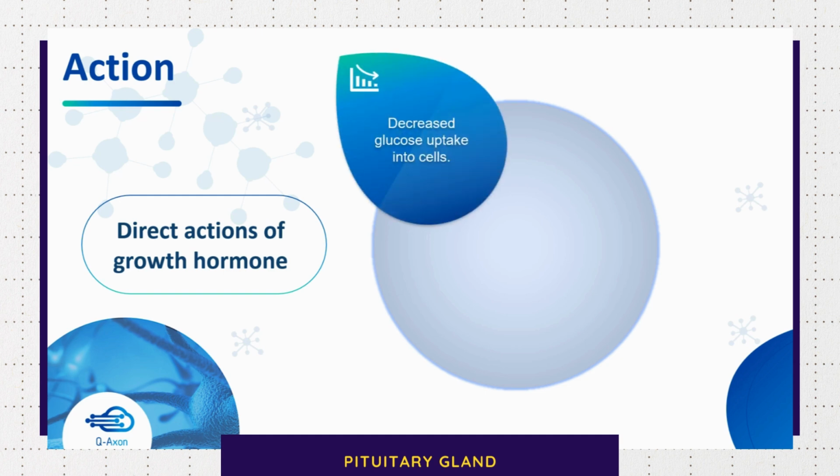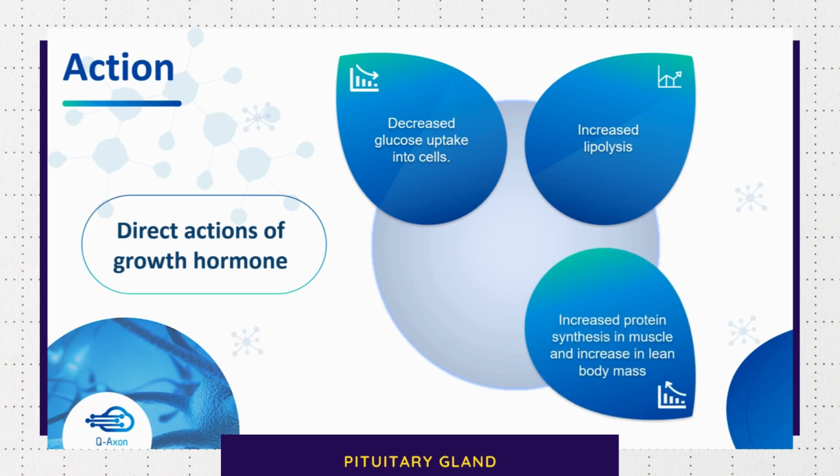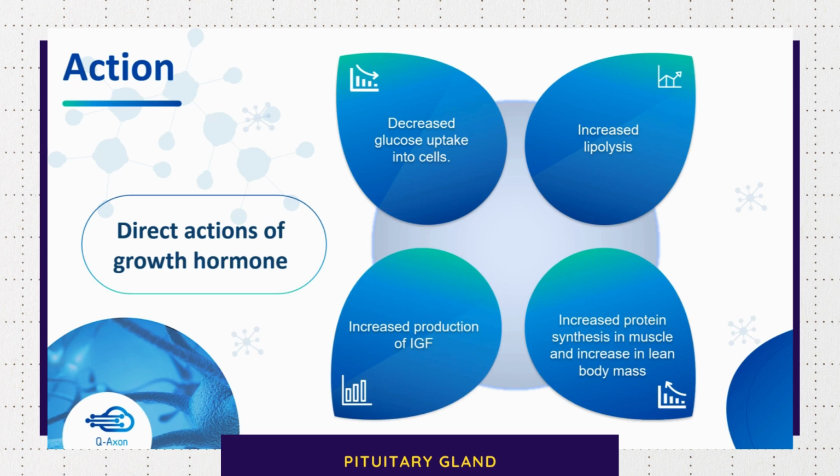So the direct actions are decreased glucose uptake into the cells, increased lipolysis, increased protein synthesis in muscle and increase in lean body mass, and increased production of insulin-like growth factors. These are said to be the direct actions.